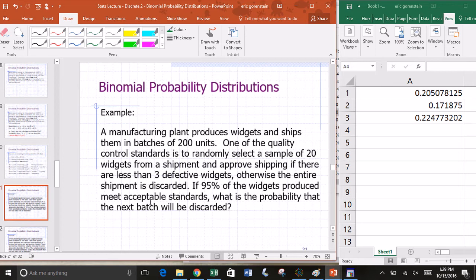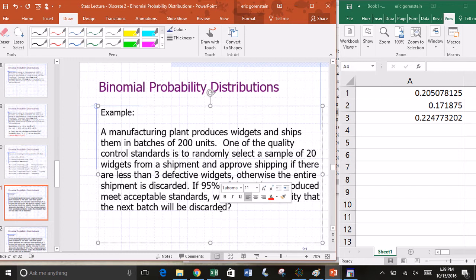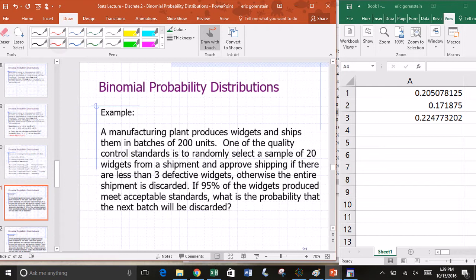Well, how does this happen? What would make a batch be discarded? Well, that happens when X, the number of defects, is 3 or more. So less than 3, the batch is good. 3 or more, the batch is discarded.